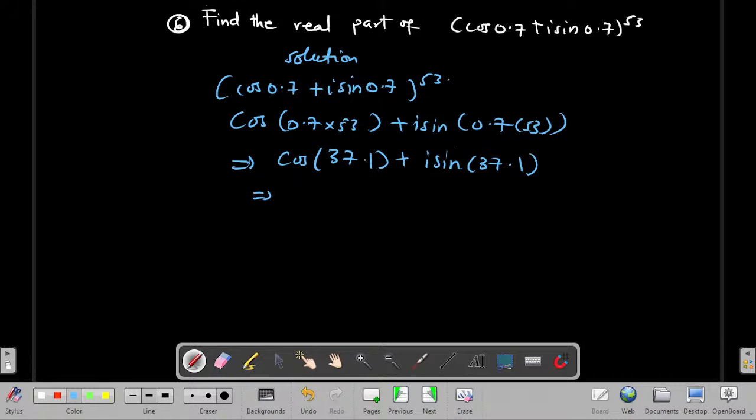So cosine 37.1 is 0.798, plus sine 37.1, which is 0.603, so i 0.603. So at this point, the problem said we should find the real part. So the real part is simply 0.798. Okay.